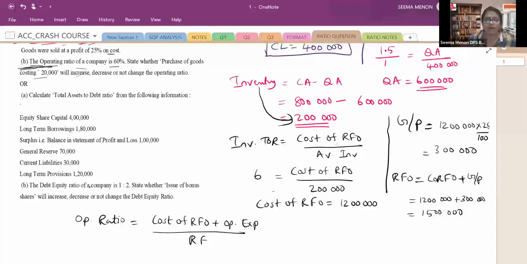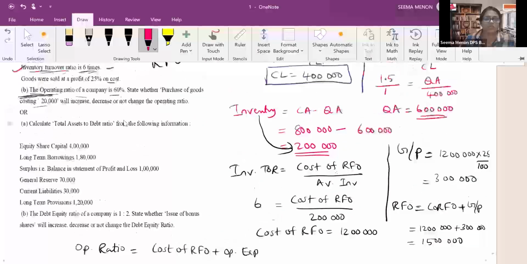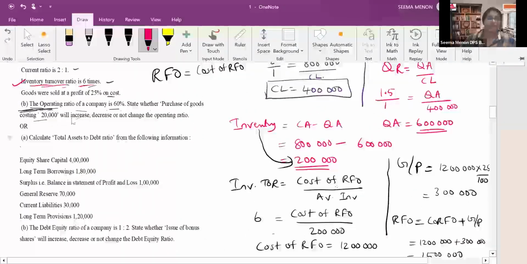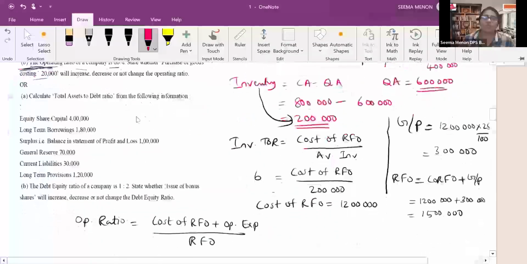I am writing RFO for revenue from operation. This is our formula. Now, how to decide the purchase of goods costing? Nothing is mentioned, there is no name. So purely, whether it is cash or credit, anyway goods is coming.